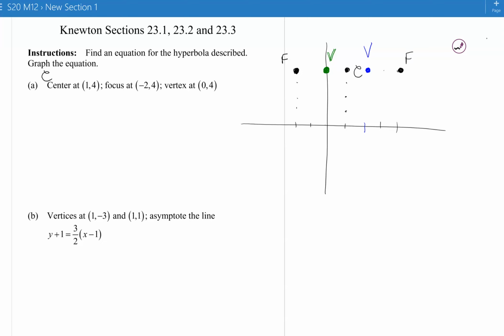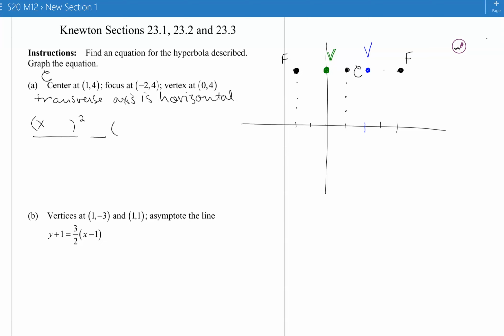So mirror image focus points and mirror image vertex points. Okay, so we know the transverse axis is horizontal. So that means the hyperbola opens right and left, and the x term is first.